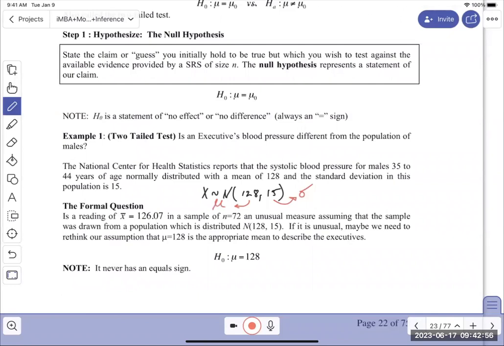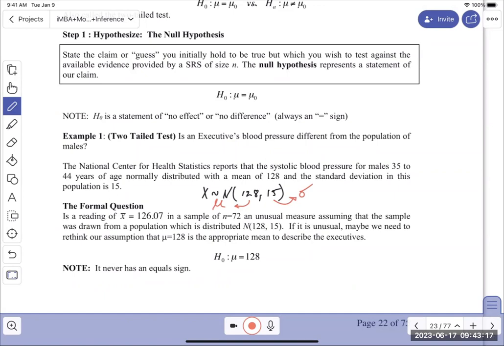So these are known. However, we're curious about a population of male executives in the same age range. Are they different? That's what we're going to explore.